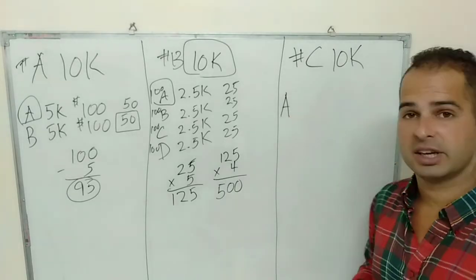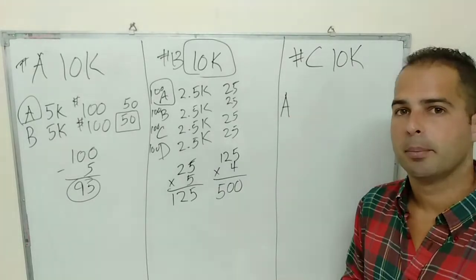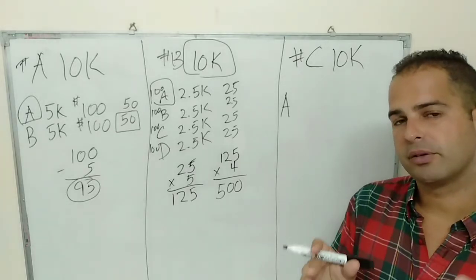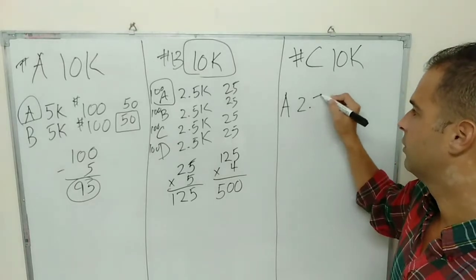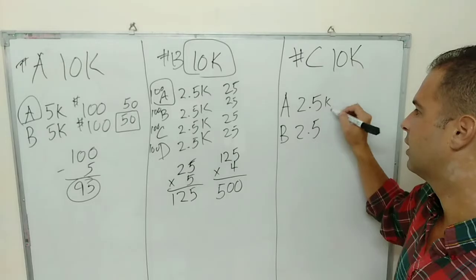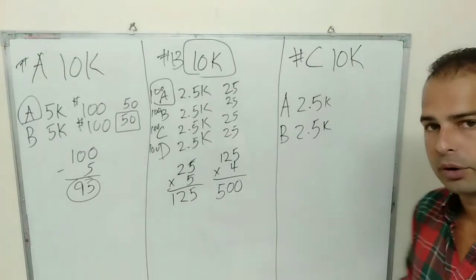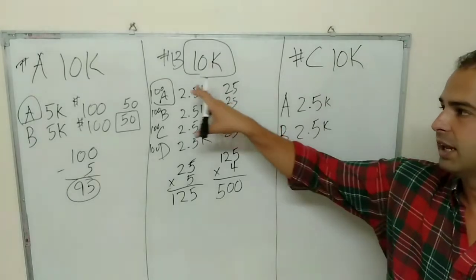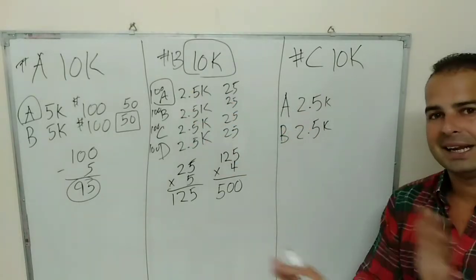We're going to invest again in stock A, but this time we're only going to buy 2.5K of stock A and 2.5K of stock B, okay? So now what we've done is we're replicating this over here, but we're not going to buy anything else.